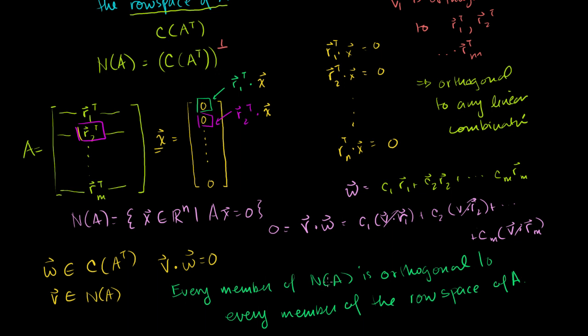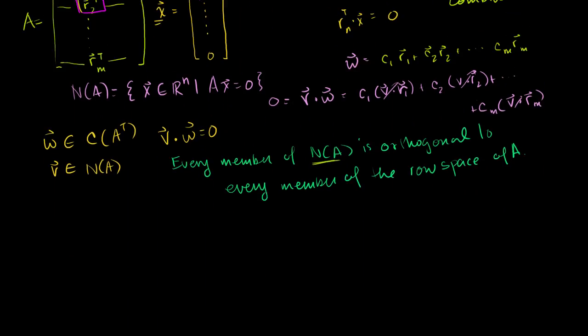That still doesn't tell us that this is equivalent to the orthogonal complement of the row space. For example, there might be members of our orthogonal complement of the row space that aren't a member of our null space. So let's say I have some vector, u.